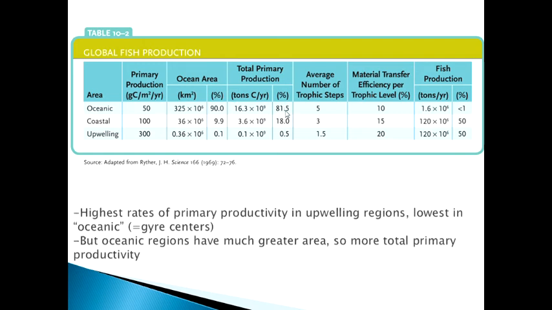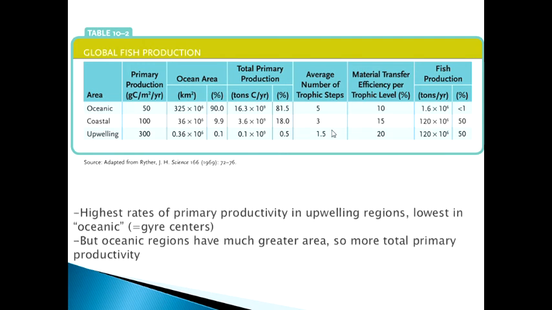It's just so spread out that it's the basis of ecosystems, but not large ones, not ones that are filled with species, high biomass this way. So total primary productivity is actually lowest in the upwelling areas, but the fish production there is highest, even though it's the smallest area, smallest total productivity.